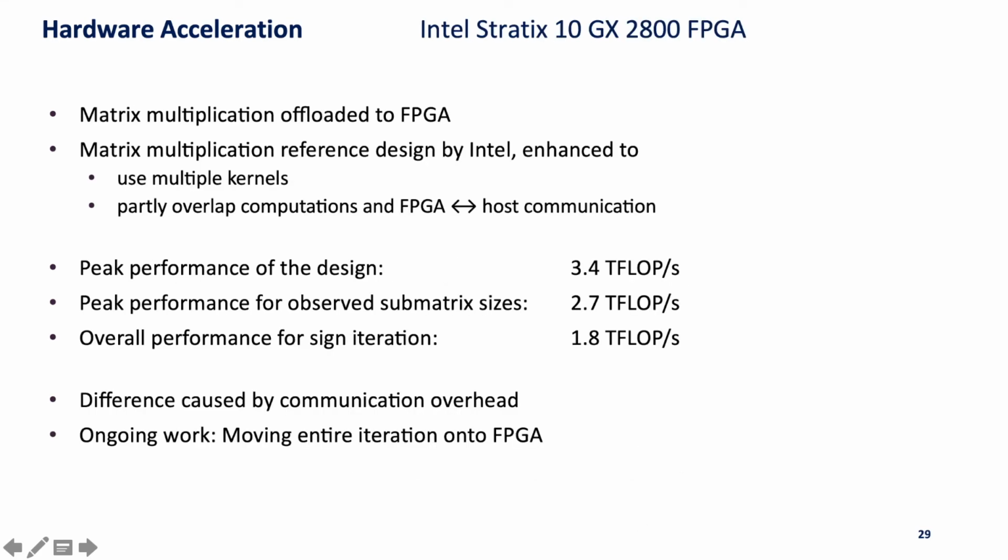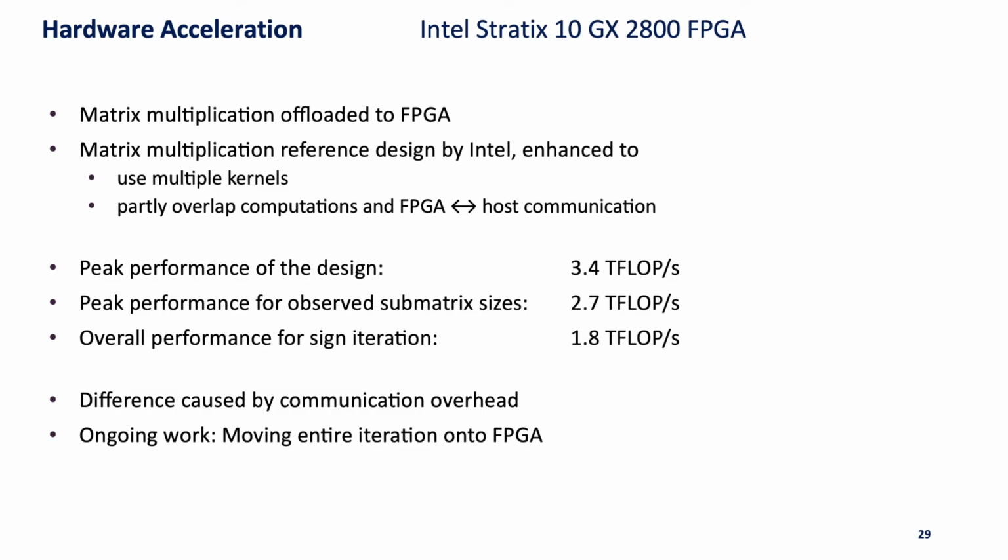We also looked at FPGA acceleration and offloaded the matrix multiplication to an Intel Stratix 10 FPGA, where we used the reference design by Intel, but we enhanced it to use multiple kernels to increase the performance and to partly overlap computations and communication with the host.